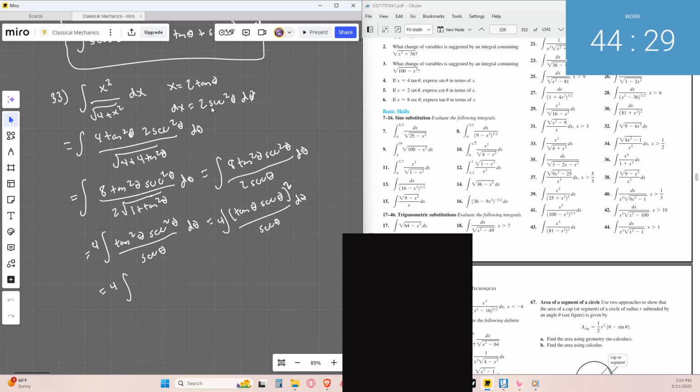We replace that with tangent, and then squared, and then dx is this. Okay, yeah.